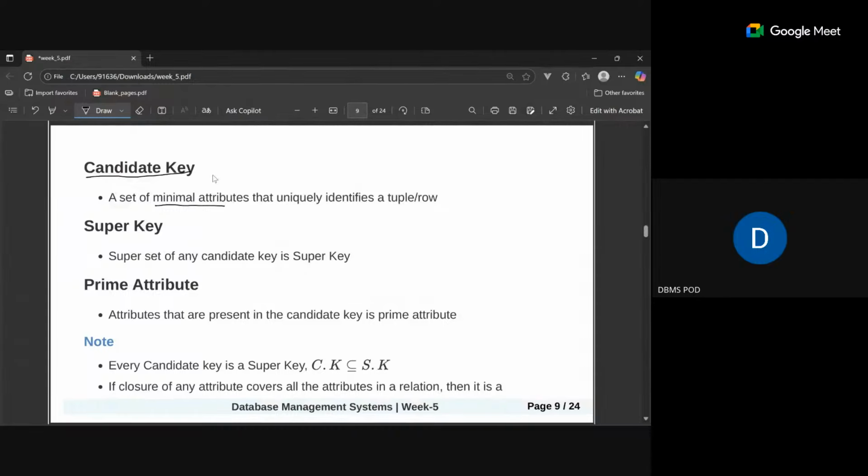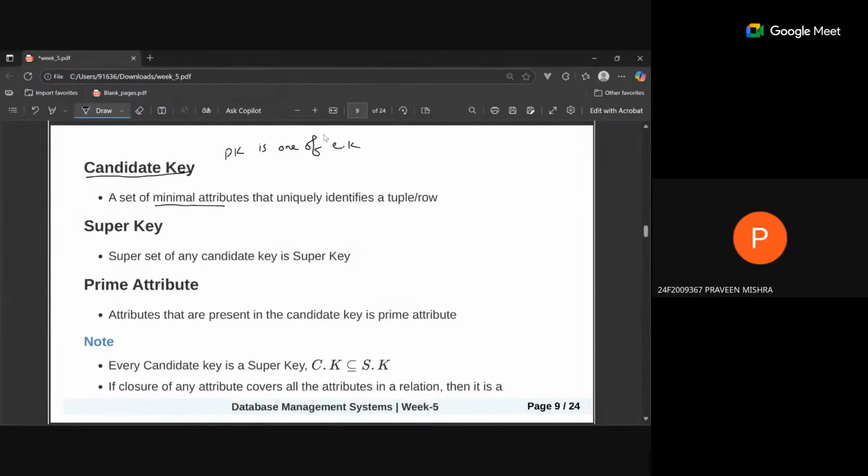I hope everyone is aware of what a primary key is. In simple words, a primary key is one of the candidate keys.